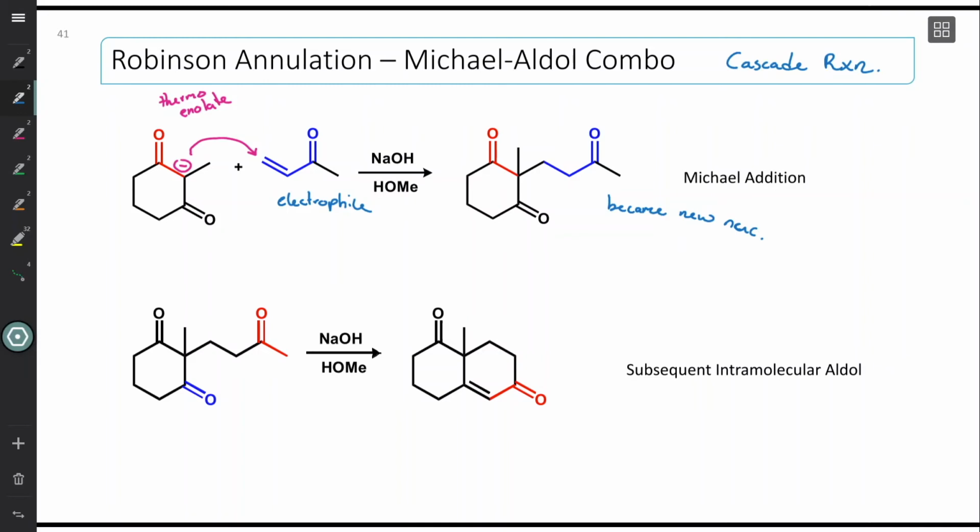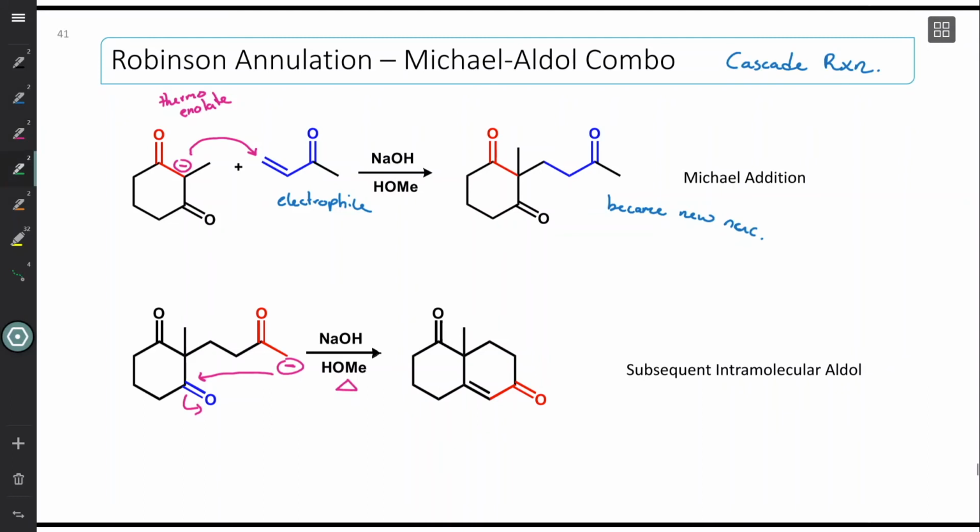So now it forms an enolate here that can attack this ketone. And in this case, they're showing the full condensation product, right? So they should have specified there will be heat here. Well, I should have specified.